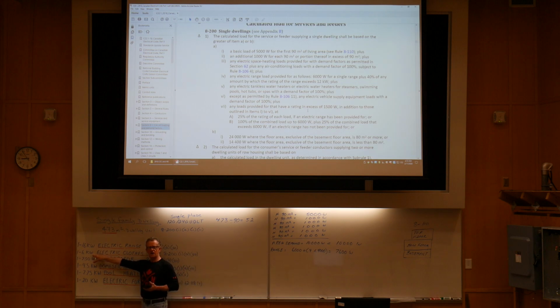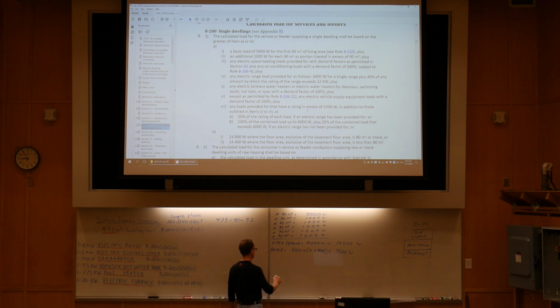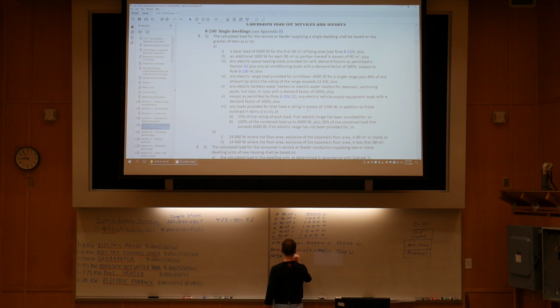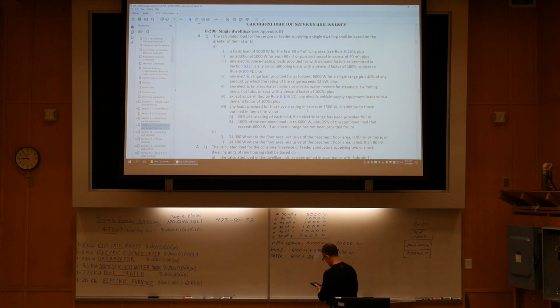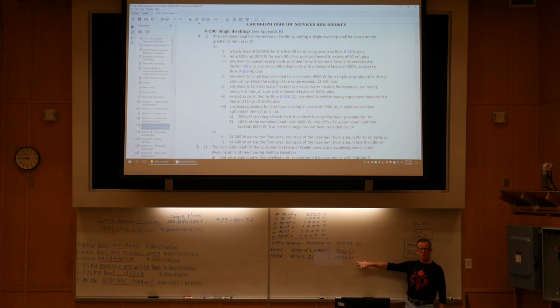It goes in at 25%. Even though the nameplate says 6,000, it goes into service at 25% of that. That gives us 1,500 watts.